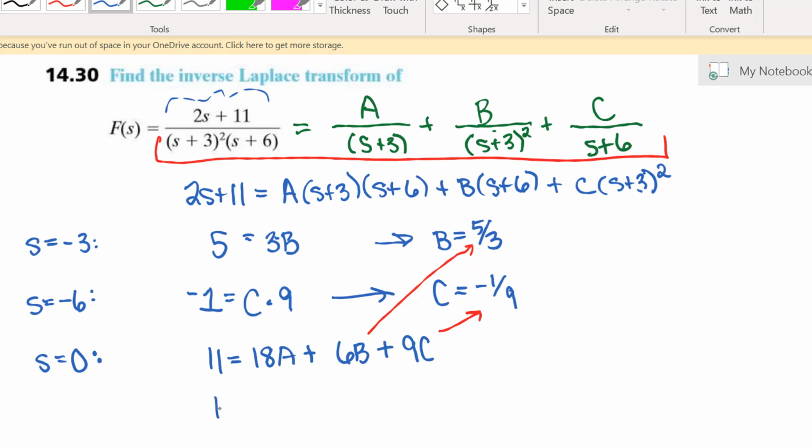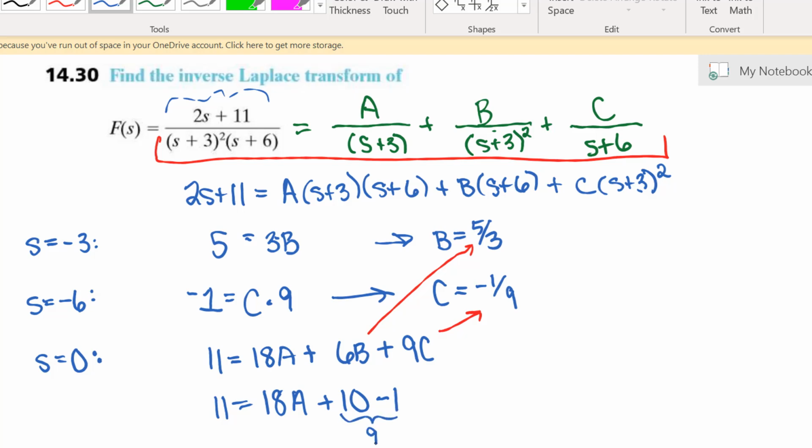And I get 11 equals 18A. And then 6 times 5/3, well, 3 goes into 6 2 times, 5 is 10, so plus 10. And then C is negative 1/9, so 9 times negative 1/9 is negative 1.